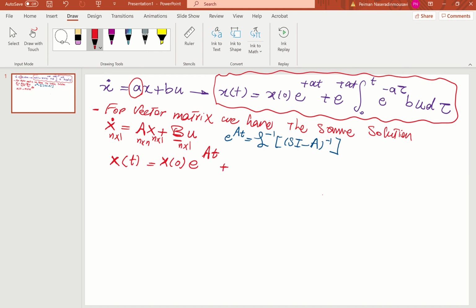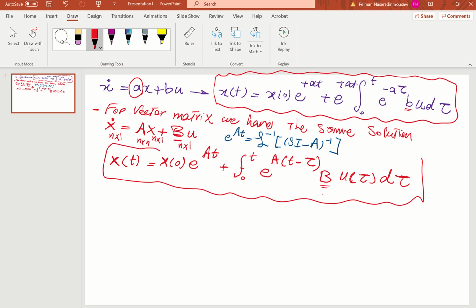And now plus the integration from 0 to t of e to the power of A(t minus tau), and instead of scalar b, you have the vector b, times u of tau d tau. So this is the general solution for the state space equation.